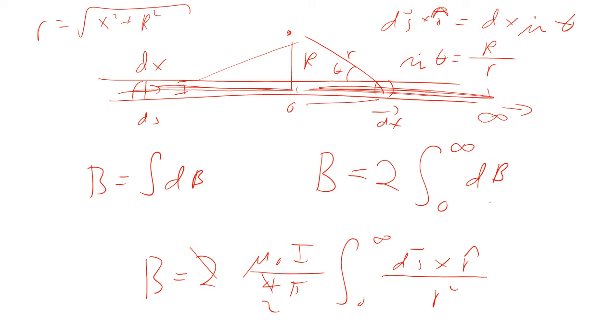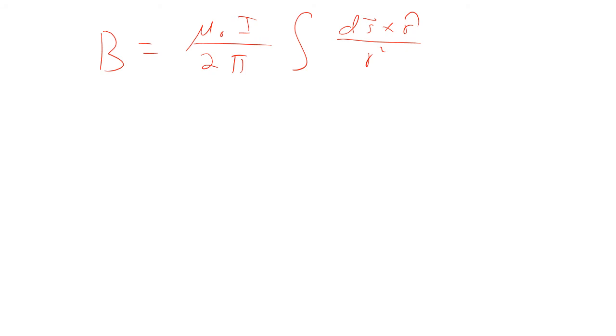Okay, so putting all this together, we start putting all this together. So B is mu naught I over 2 pi, because the 2 and the 4 canceled, integral of ds cross r hat over r squared.